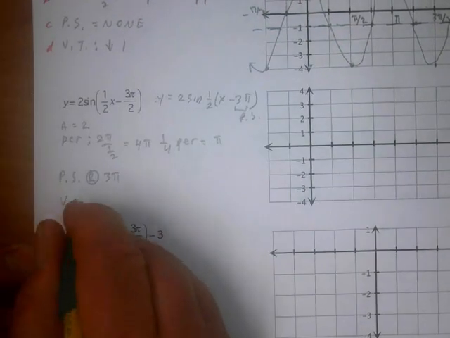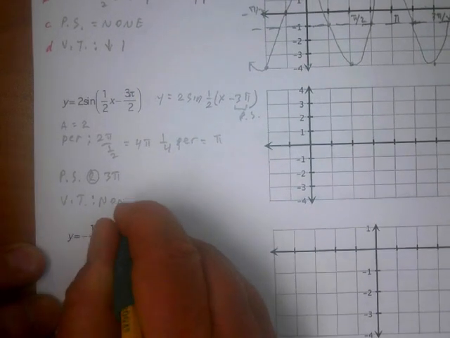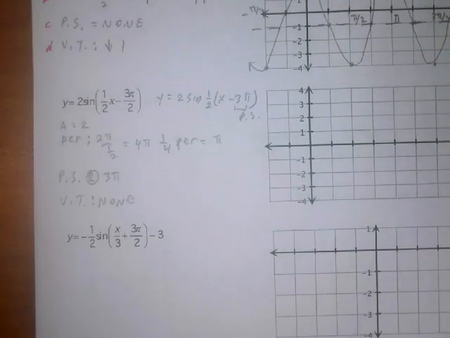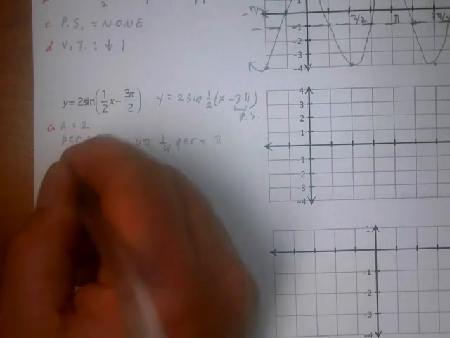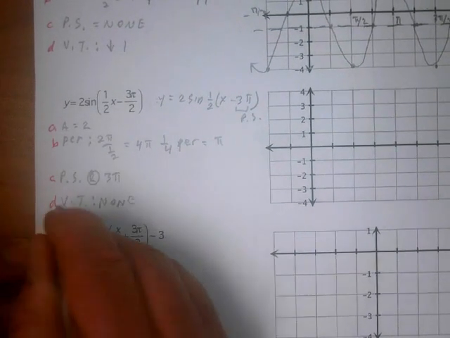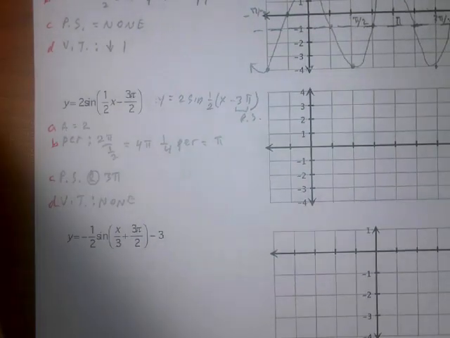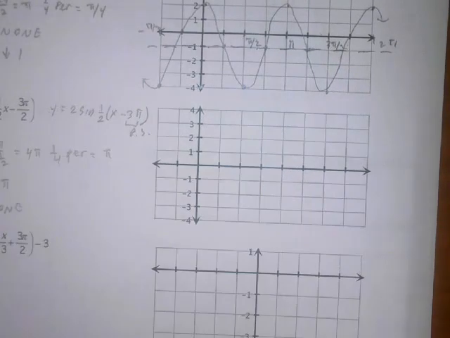Phase shift, right, 3 pi. Vertical translation, none. Again, this is my A, B, C, and D.